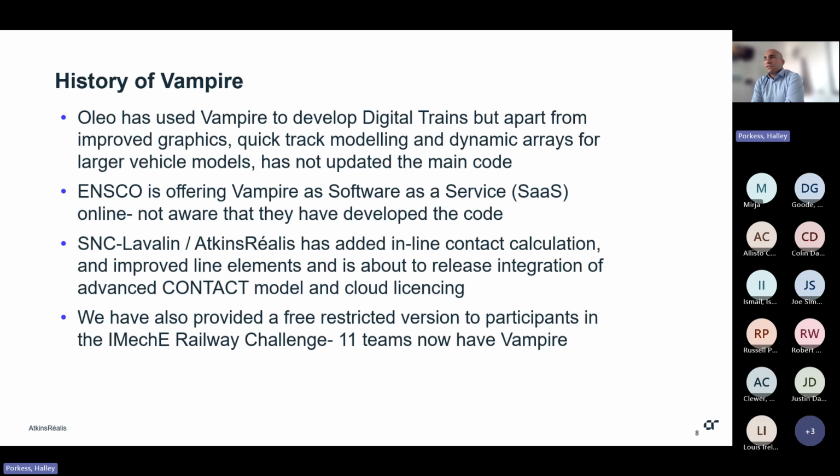By cloud licensing, we mean that, I don't know if anyone's used Vampire before, it used to be that you'd have a dongle that you'd have to plug into your computer to get the license to work. With cloud licensing, we do away with that. This year, we've also provided a free version for people participating in the Railway Challenge. I think there's a requirement there to do some simulations.